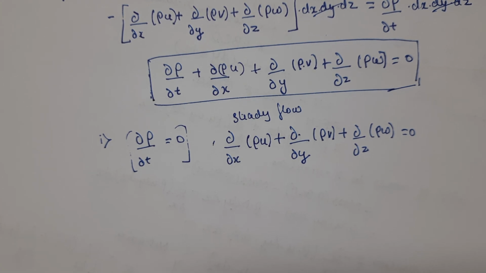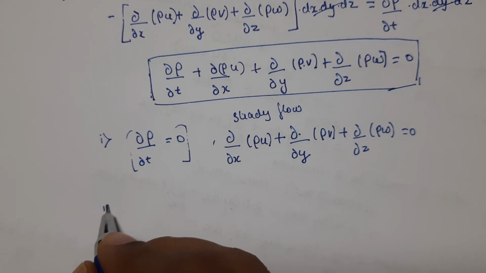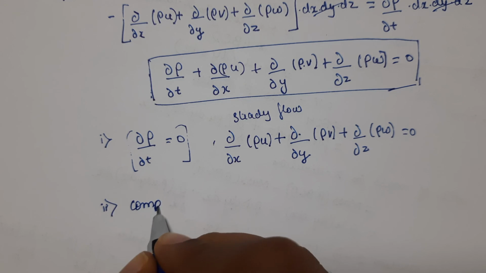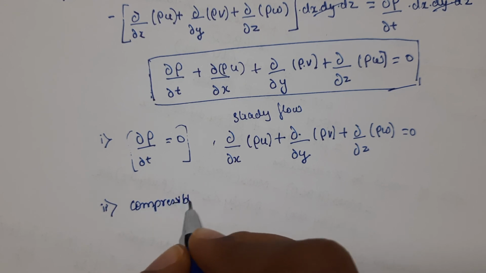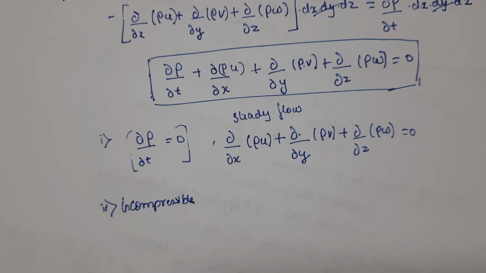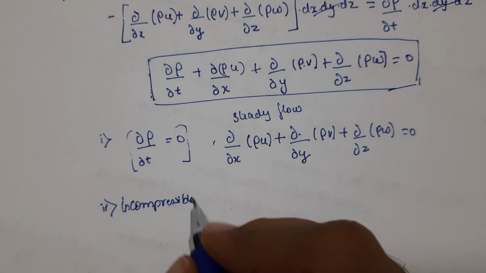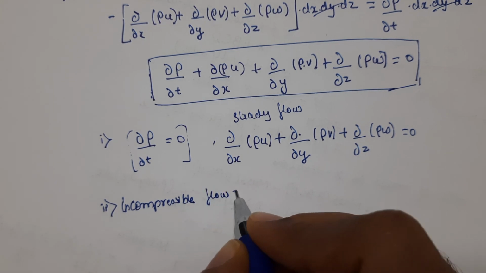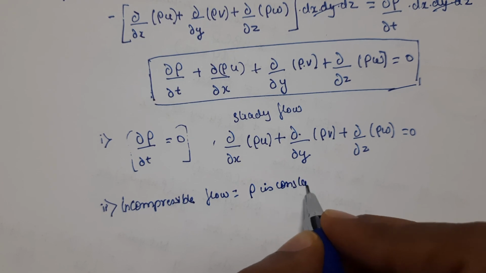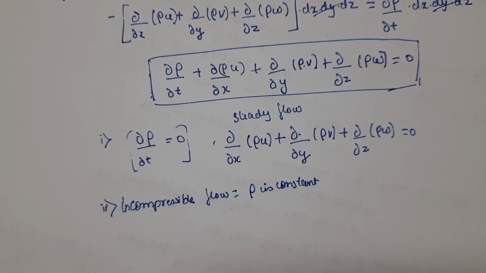Now compressible flow is another case. In compressible flow the density will not be the same, but in an incompressible flow ρ is constant.